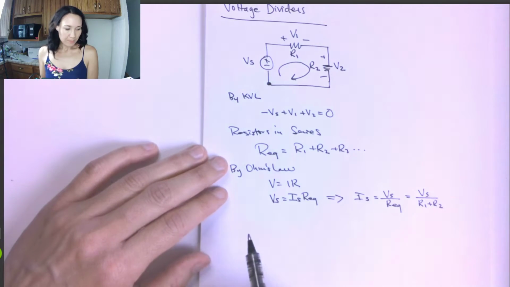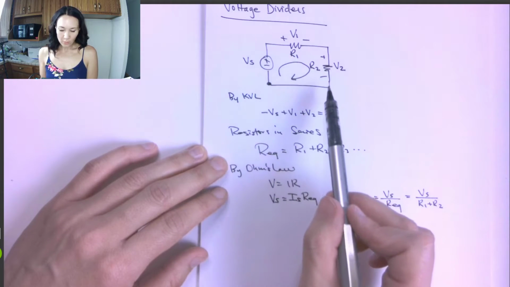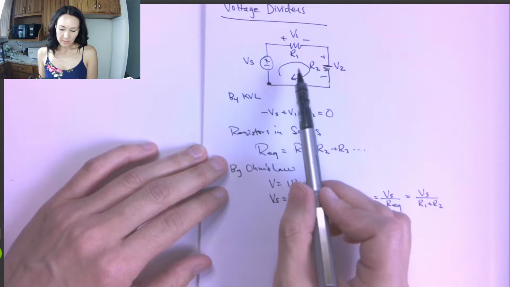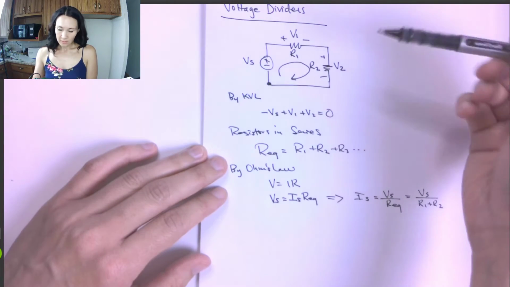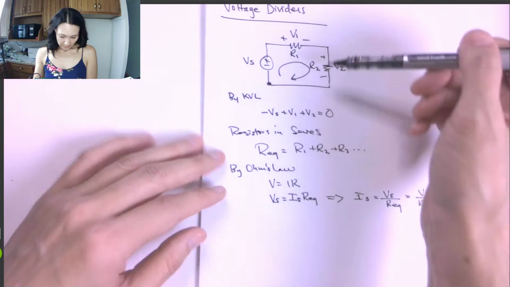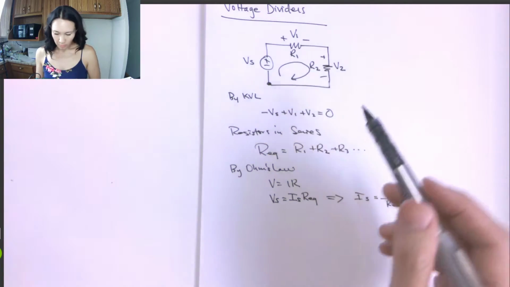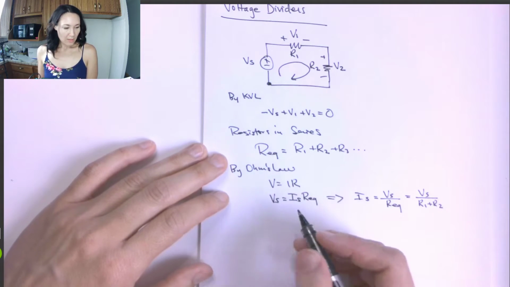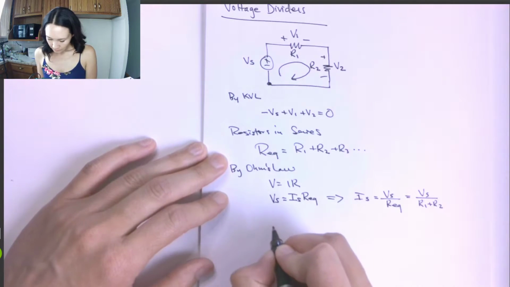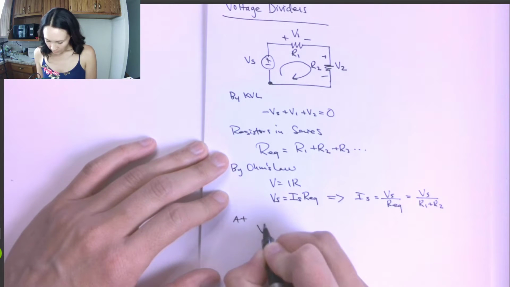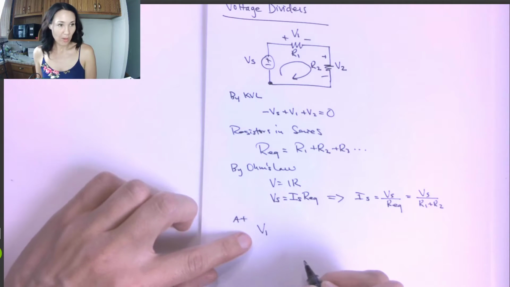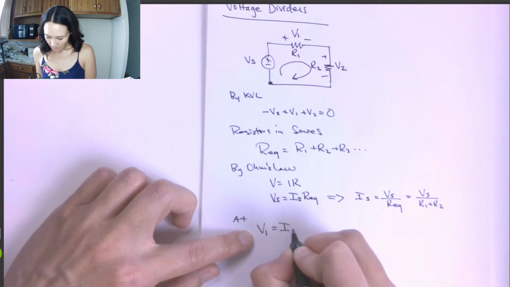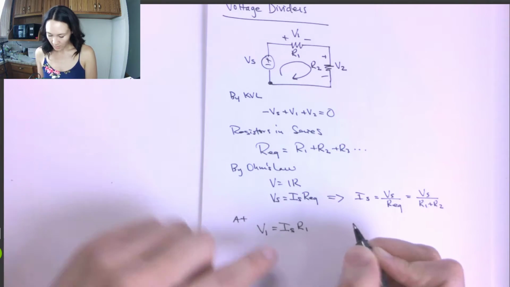Okay, great. So once you have your Is, it's going to be the same current that goes through R1 and the same current that goes through R2. Since it's a series circuit, there's no nodes or branches, and so the current is going to be the same everywhere. So that means at the first resistor, the voltage drop across resistor 1 is going to be given by Ohm's law, Is times R1.